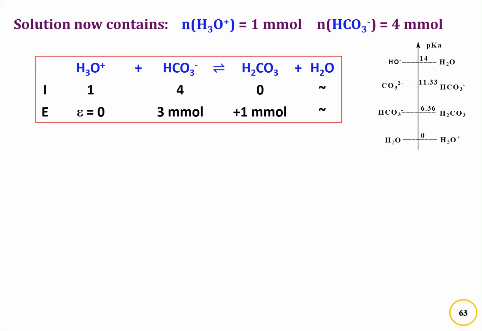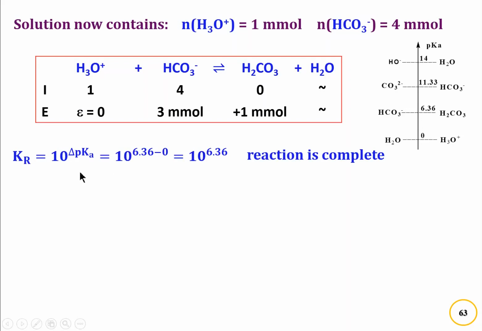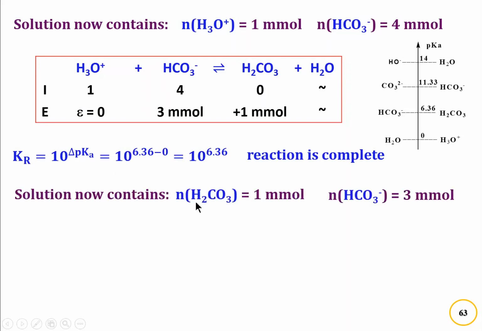Also, we have to search for the new solution obtained, what are the new species present, and look if you have a reaction. In the new solution, we have H2CO3 1 millimole and HCO3 minus 3 millimoles. So we have a mixture of the acid and its conjugate base, H2CO3 and HCO3 minus. So we have a mixture of a weak acid and its conjugate weak base.